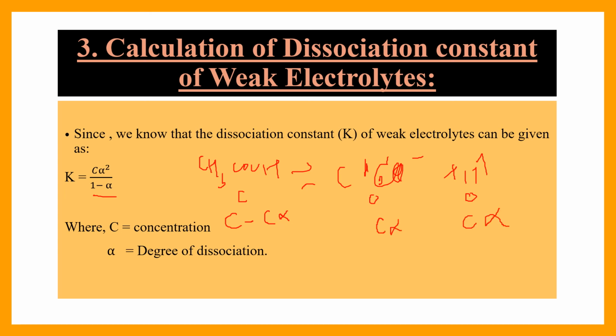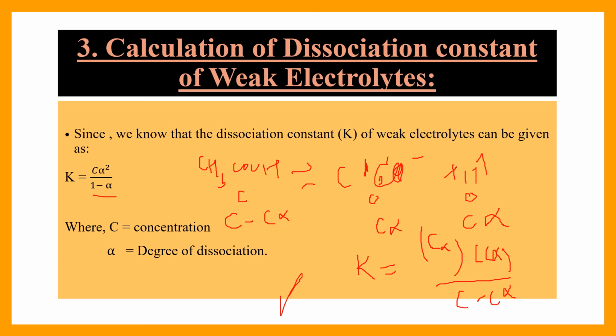So at equilibrium, the dissociation constant will come to be C alpha into C alpha, concentration of product divided by concentration of reactant. This is the equilibrium constant. Reactant term is C minus C alpha.